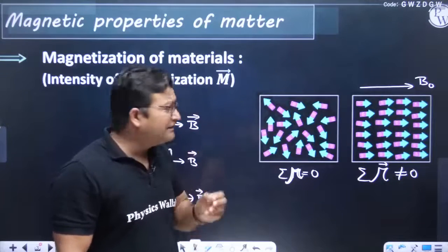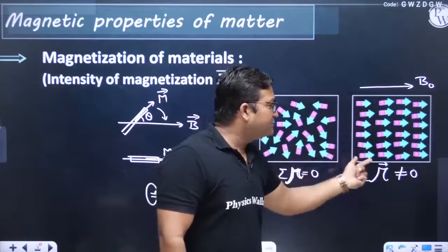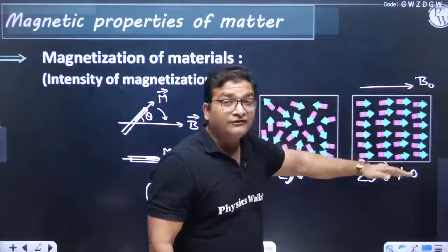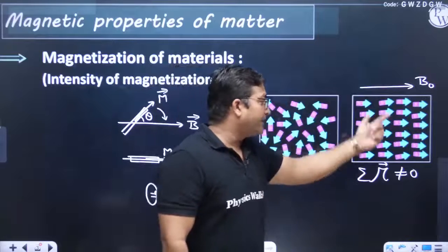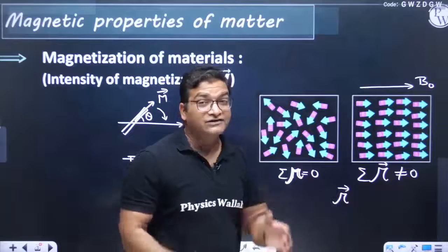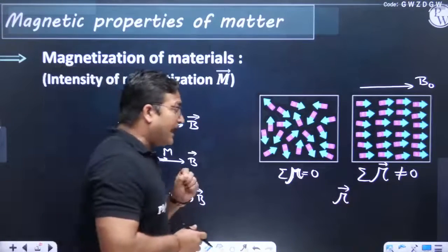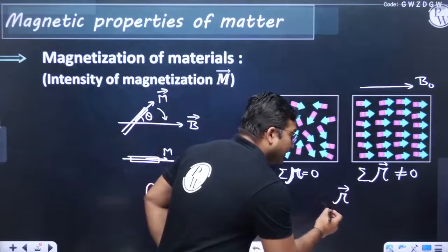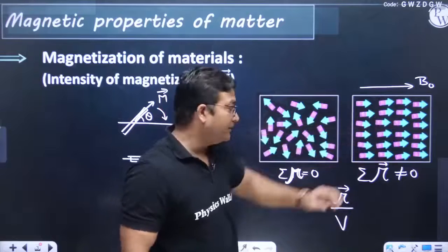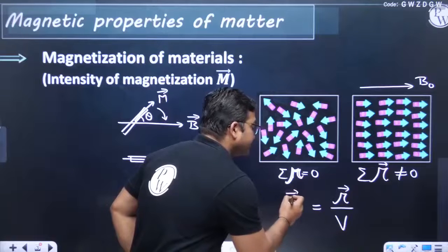The magnetic moment is the vector sum of the moments of each molecule. Suppose we have added the magnetic moments of all molecules, and the total magnetic moment is mu vector. Then the total magnetic moment divided by the volume of the medium is called the intensity of magnetization.